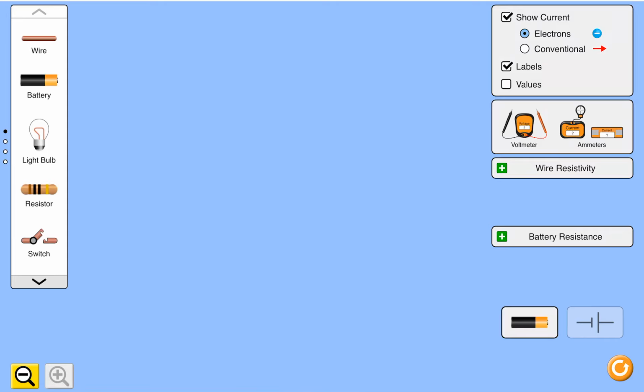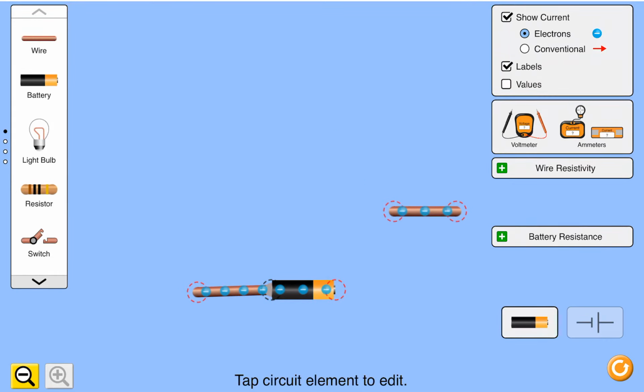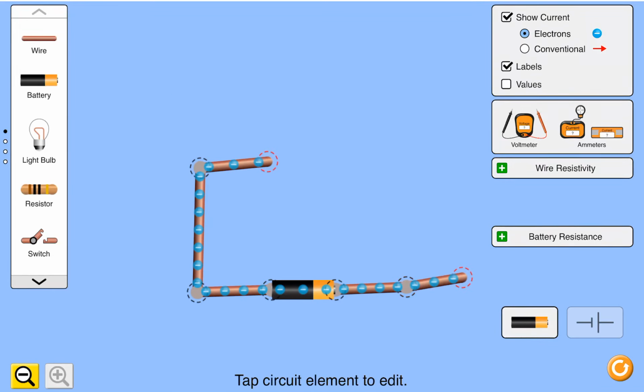If I wanted to build a parallel circuit, let's just really quick talk about that. I'm going to take a battery, wires, and a resistor, and put it here.